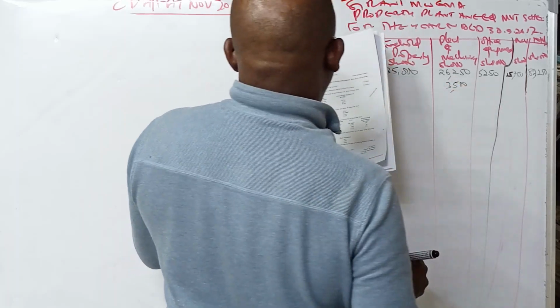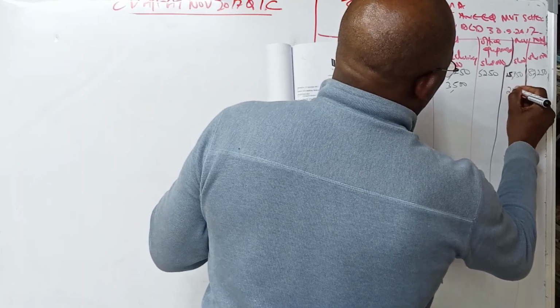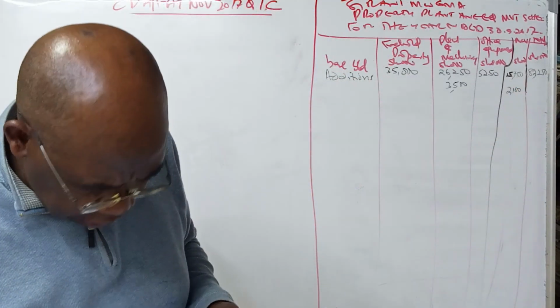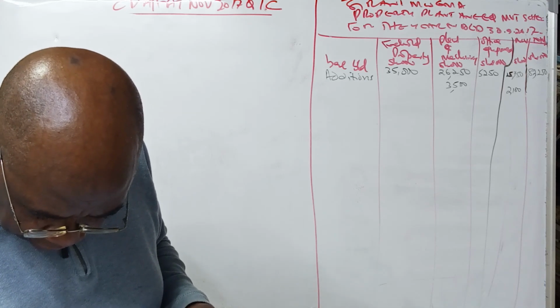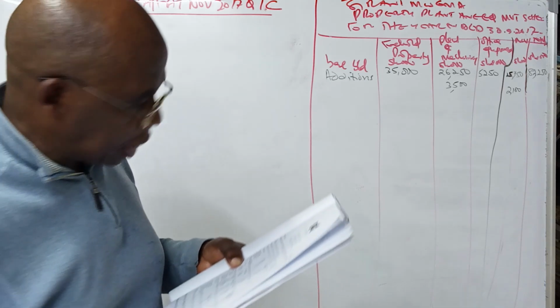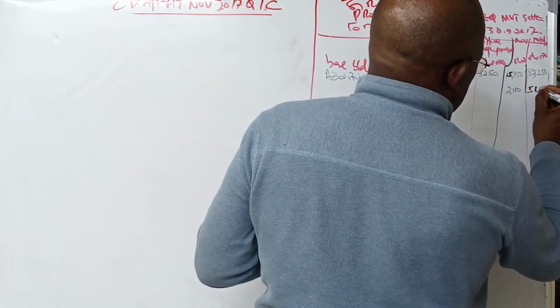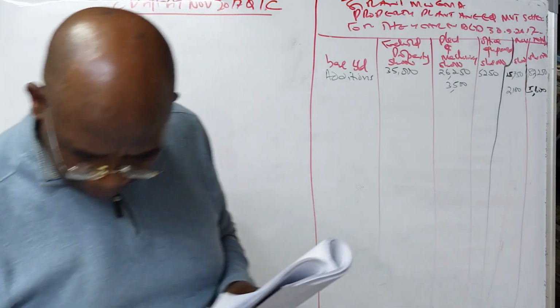We acquired motor vehicle at 2,100. And therefore, acquisitions, 3,500 plus 2,100, we get 5,600.